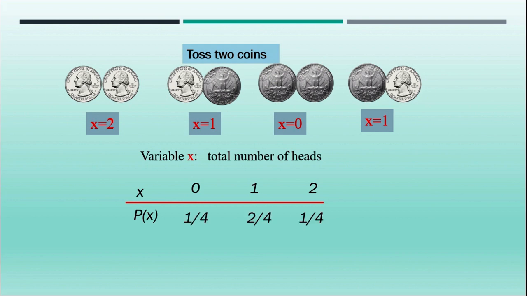For x equals 1, there are 2 cases together: head, tail, and tail, head. So the corresponding probability is 2 over 4. Similarly, the corresponding probability of x equals 2 is 1 over 4.